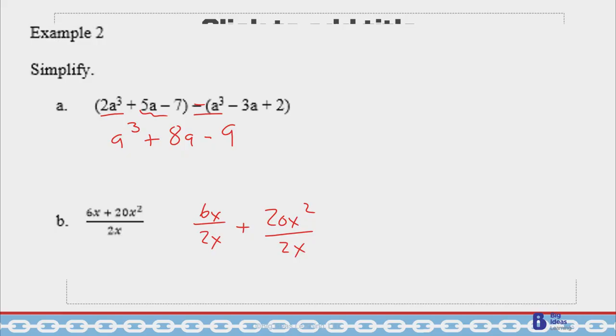So 6x divided by 2x, well, 6 divided by 2 is 3, and then the x over x cancels. X divided by x would just be times 1. And then 20x squared divided by 2x. 20 divided by 2 is 10. X squared divided by x is just x. Technically, for this to be in standard form, you would put the 10x first and then plus 3.